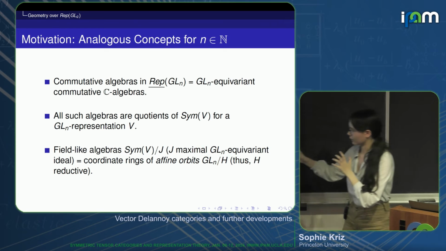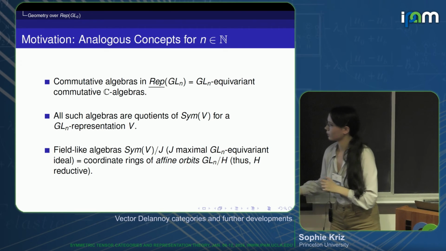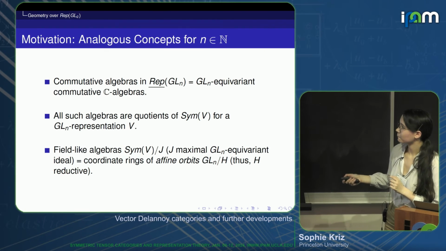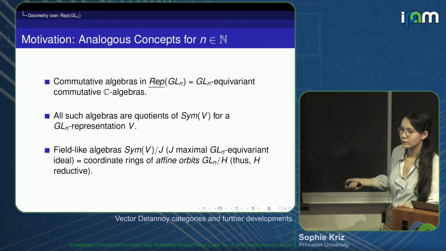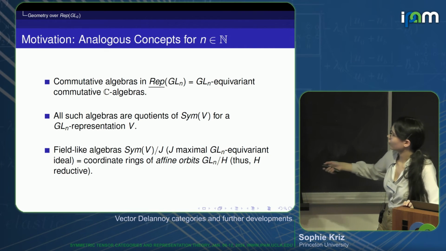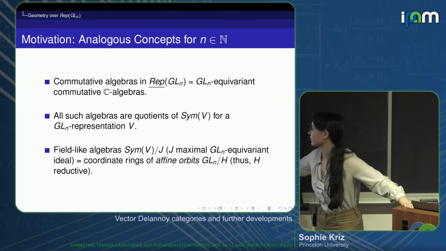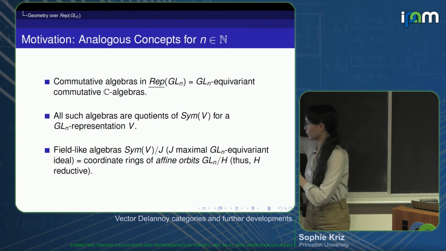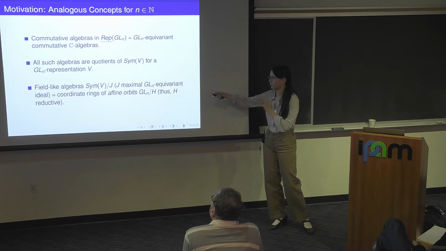So if it's affine, then we have that H is reductive. But why you cannot take something like symmetric algebra, scale of 12 or something? So this is sort of a choice of a basic object.